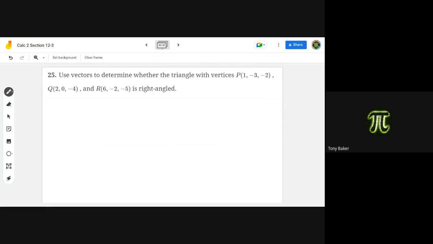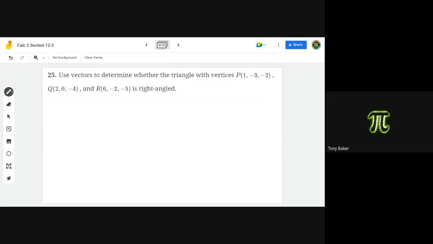How would you start this? Well, that's the first thing, right? If we do the dot product, it comes up to 0. I know it's 90 degrees, so that would be the right angle. But what do I got to do first? I don't have vectors here. I got to find my vectors first.